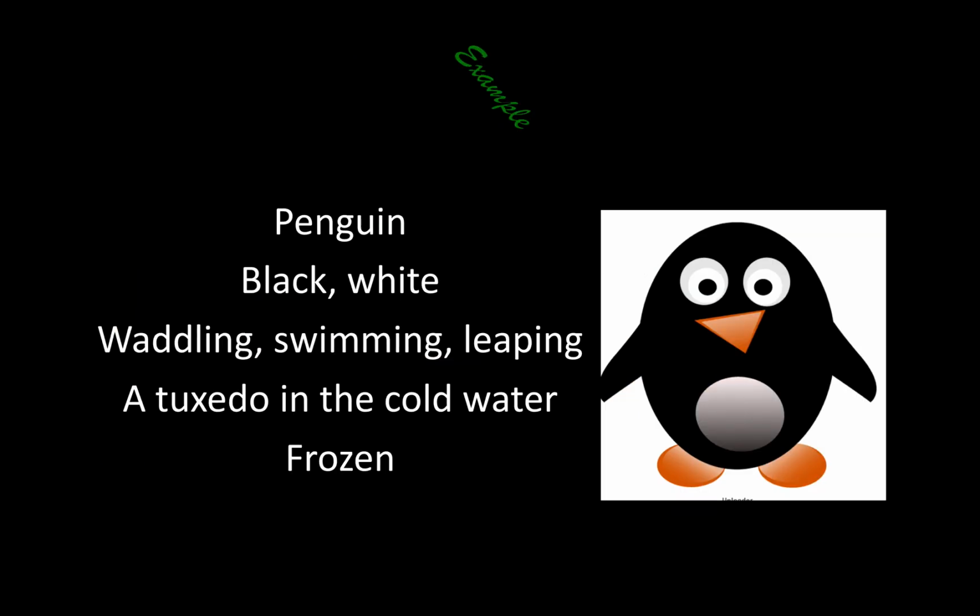All right, our very last example. Penguin, black, white, waddling, swimming, leaping, a tuxedo in the cold water, frozen. All right, there is something wrong with this poem. Can anybody see it? Which line is it in?